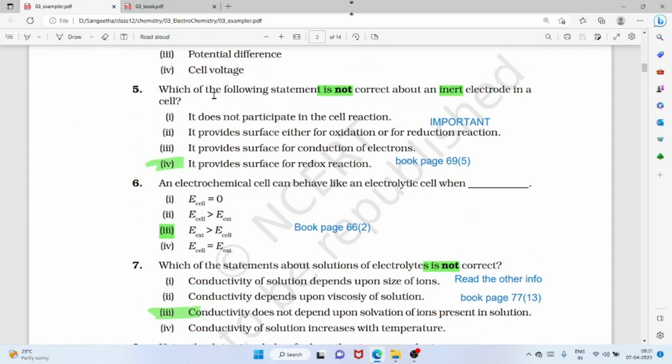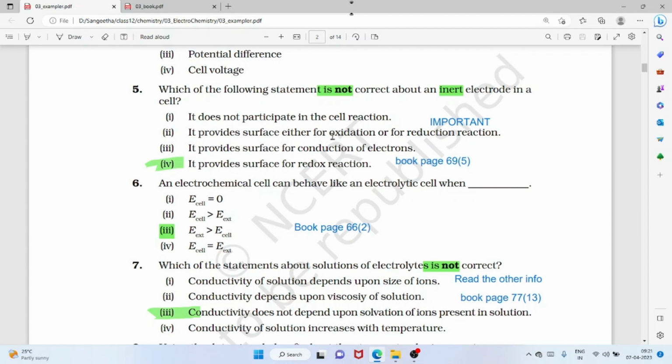Here you see, which of the following is not correct. They are asking about inert electrodes. It does not participate in the cell reaction. This is correct. They are asking what is not correct. It provides surface for the oxidation. This is also correct. It provides surface for the conduction of electrons. This is also correct. It provides surface for the reduction. This is not correct.